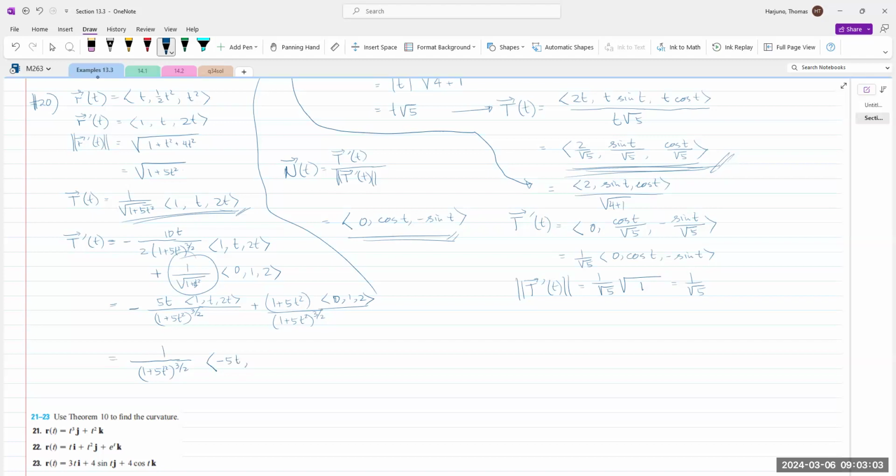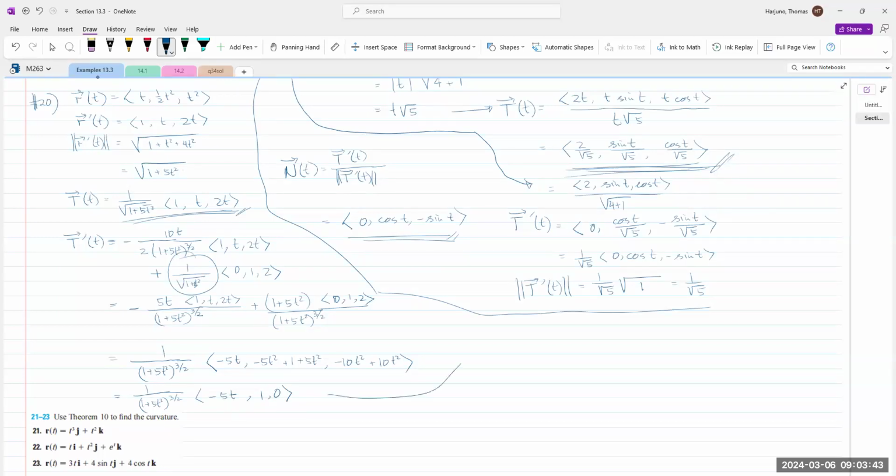The second term will be negative 5t squared plus 1 plus 5t squared. And the third term will be negative 10t squared plus 10t squared, which is equal to 1 over (1 plus 5t squared) to the power of 3/2 times (negative 5t, 1, 0).